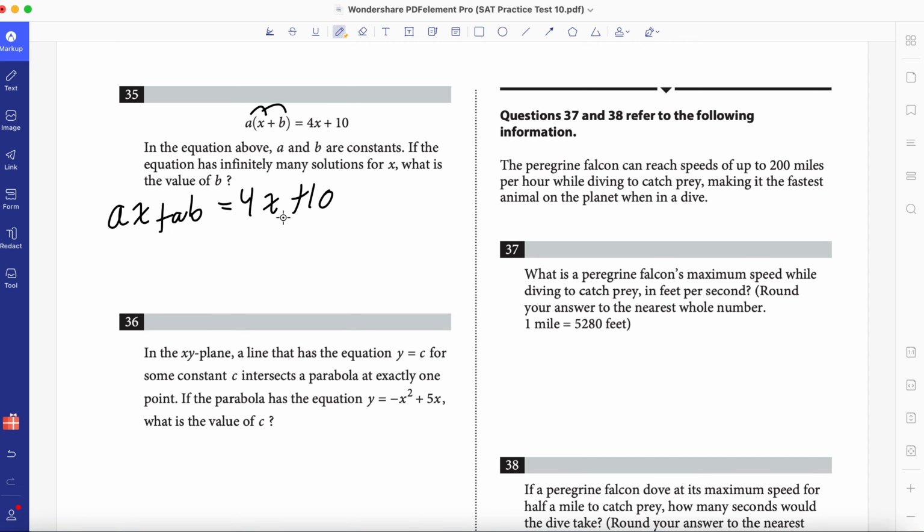In order for this to have infinitely many solutions, we need to let a be 4, because the slope here, 4x, should be the same as a of x. So we're going to let a be 4. So 4x plus 4b is going to equal 4x plus 10.